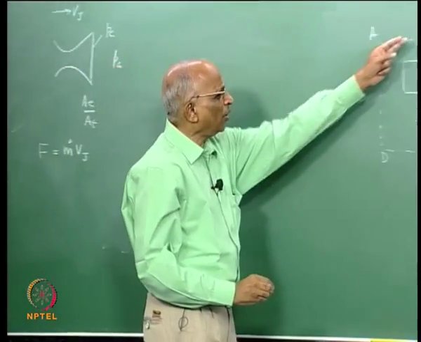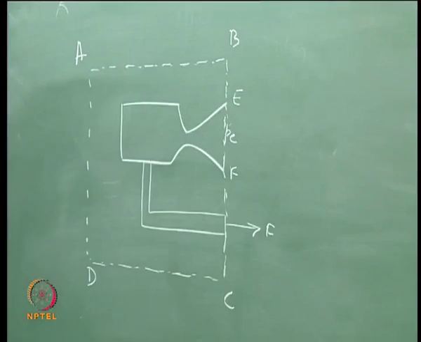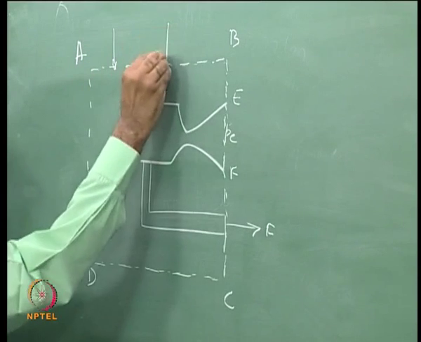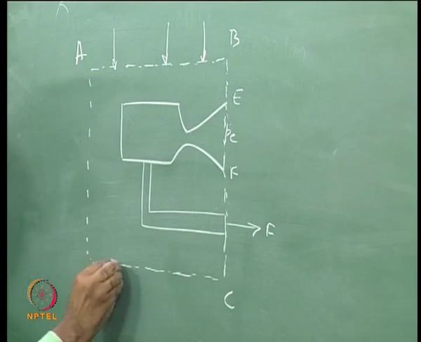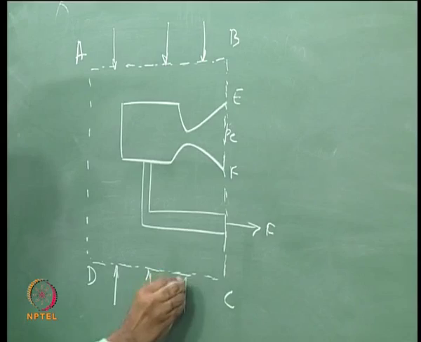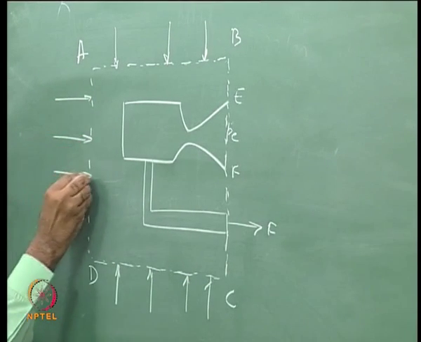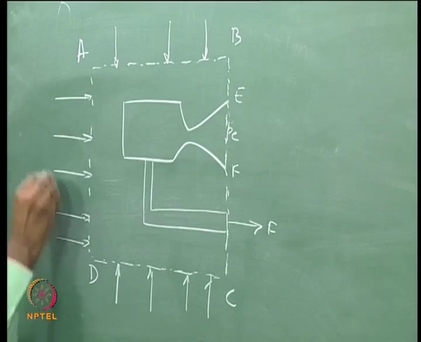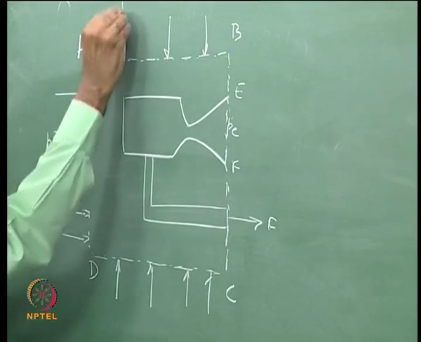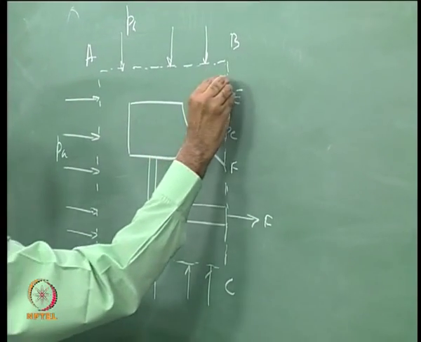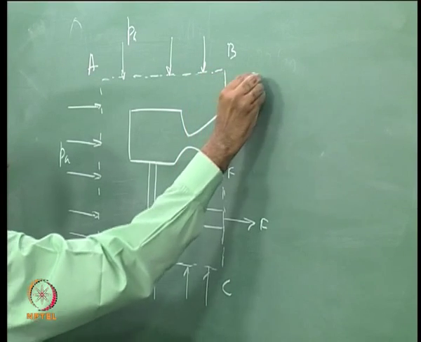I find all along this the pressures are the same; ambient pressure is acting over here, similarly ambient pressure Pa is acting over here, and ambient pressure Pa is also acting in this stretch.